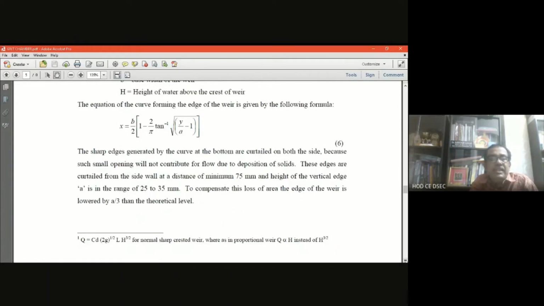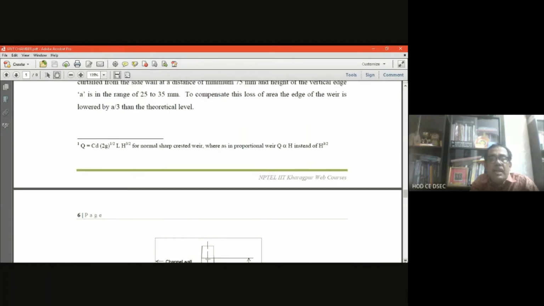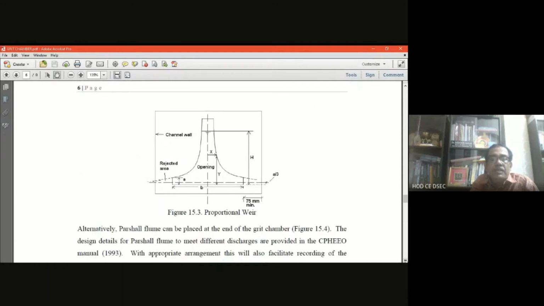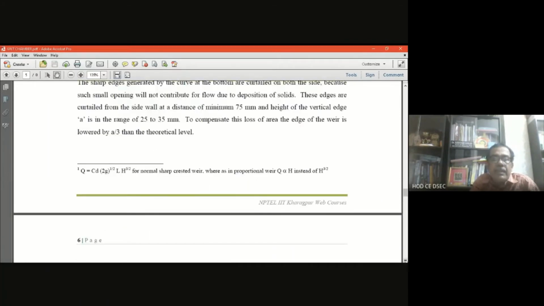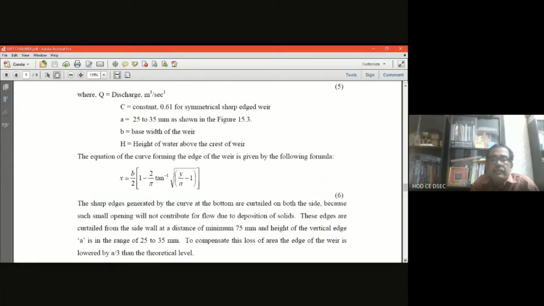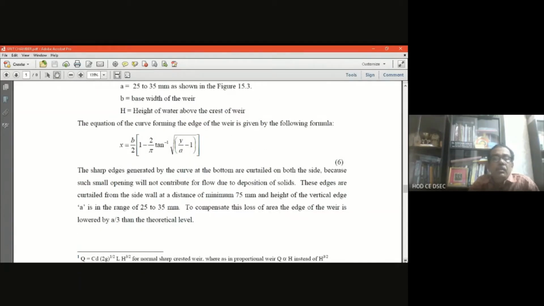Here one consideration is there: the sharp edges, that dotted portion, may be neglected or rejected. Why? Because the velocity is too low, and particles will be blocked over there. That small opening will not contribute to flow due to deposition of solids.